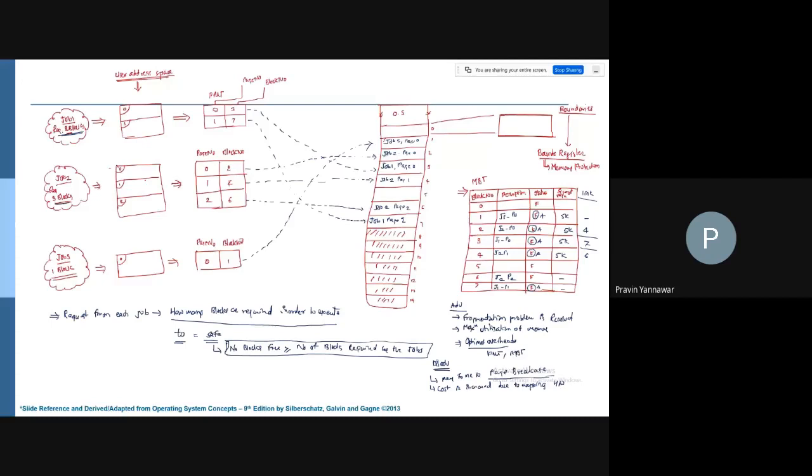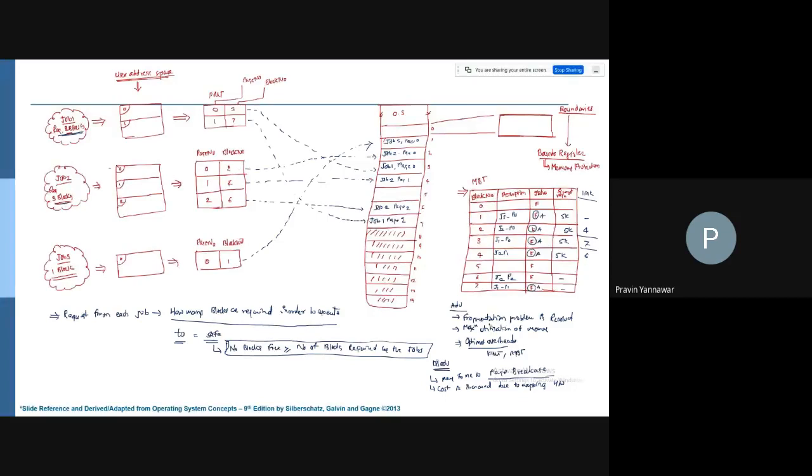If job 2 needs 3 pages, we need to load all 3 pages into primary memory, and only then can I execute this task.